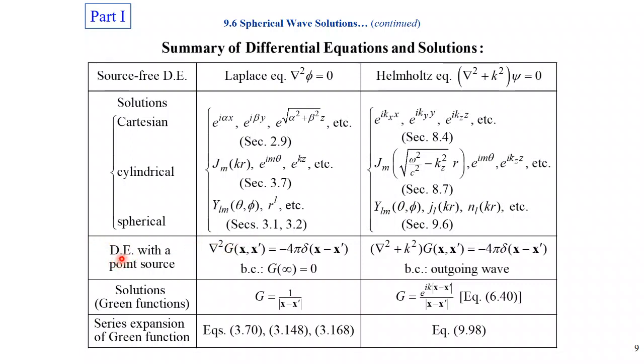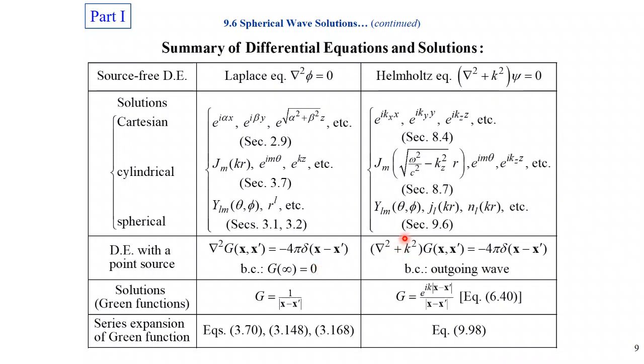The differential equation with a point source, we will consider with the Laplace equation, with a delta function. The boundary condition is that very, very far away, we have nothing.